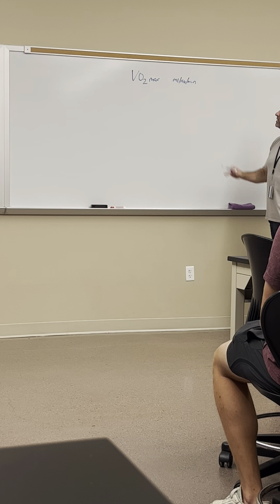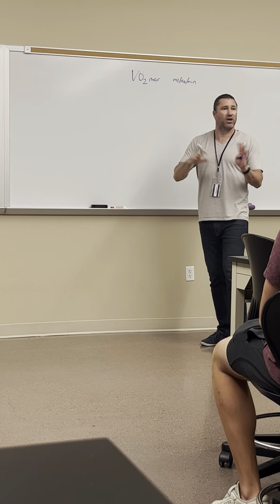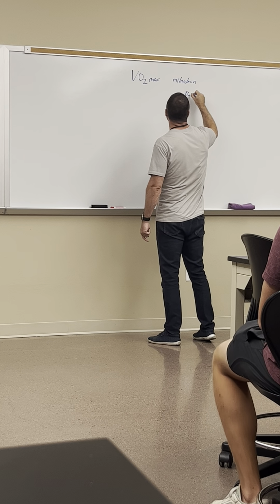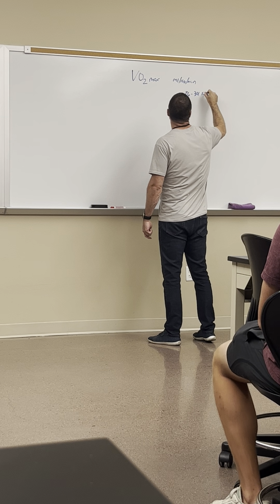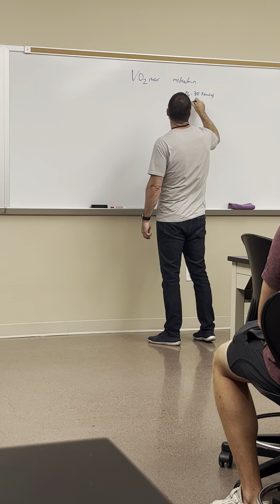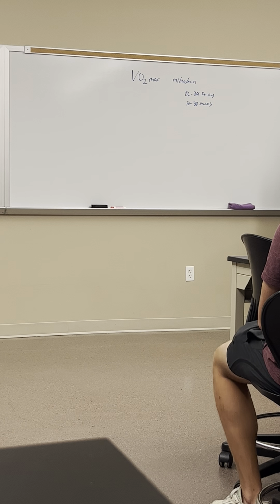The typical VO2 max range for your average college-age person is somewhere between 26 and about 34 for females, and about 30 to about 38 for males. That's the average.